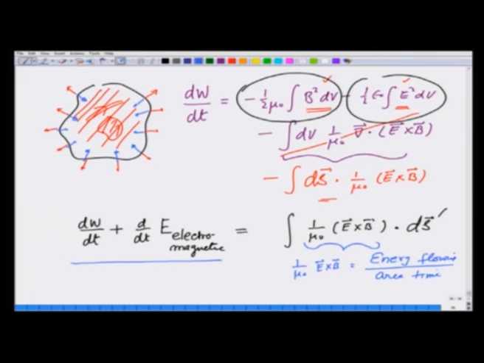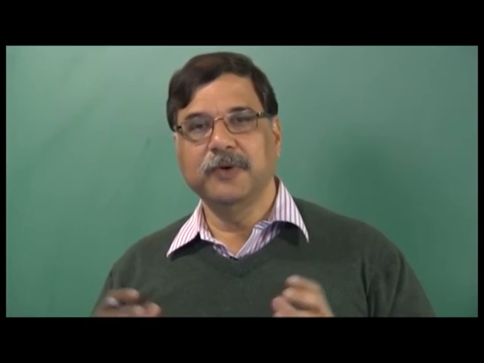Notice that if E cross B is pointing into the volume, energy will be going in, and the left hand side should be positive. On the other hand, if E cross B is pointing away from the volume, E cross B dot dS prime will be negative, energy will be going out, and therefore, the left hand side term will be negative, the energy inside will be going down.